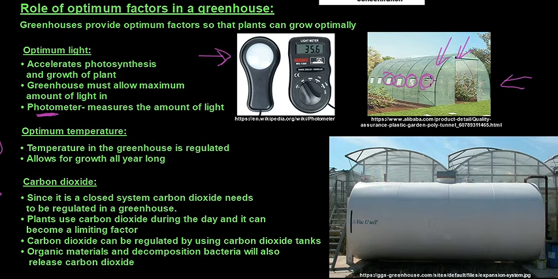If it gets too hot, there'll usually be thermometers inside the greenhouse that indicate the temperature. The person running the greenhouse will just open the flap so that some of the air can escape, and in some of the fancier greenhouses, they'll even have flaps at the top that can open. Remember, warm air rises, cold air goes to the bottom, so the warm air can escape.